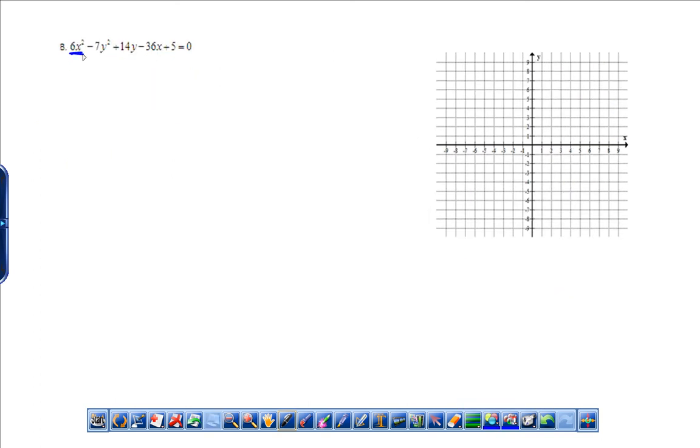All right, remember your first number is going to tell you if it is horizontal or vertical. And since it starts with an x, this is a horizontal. So factor out a 6. That's going to give you 6x, leave a blank. Factor out a 7, that gives you y squared minus 2y, leave a blank.